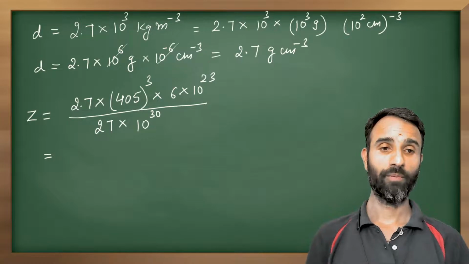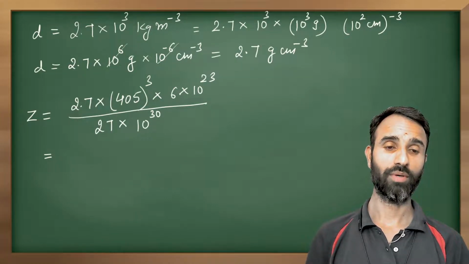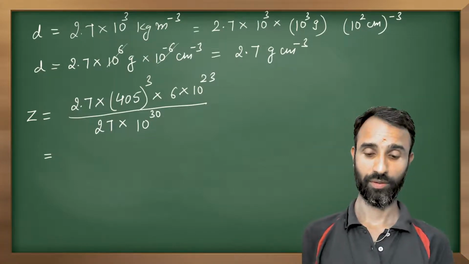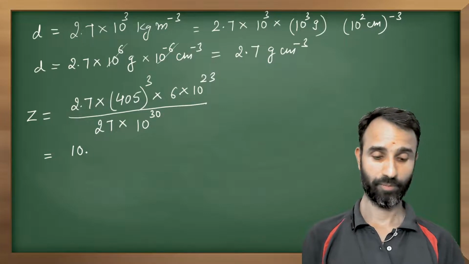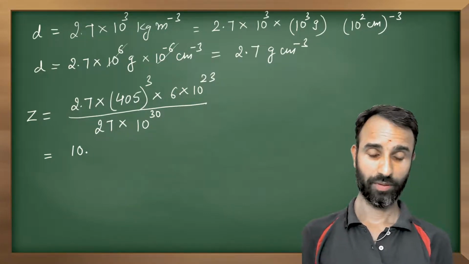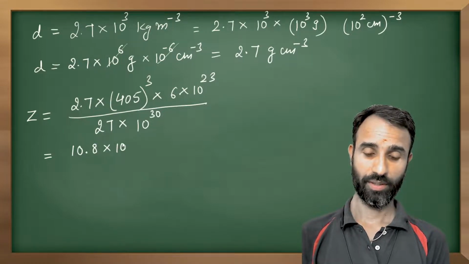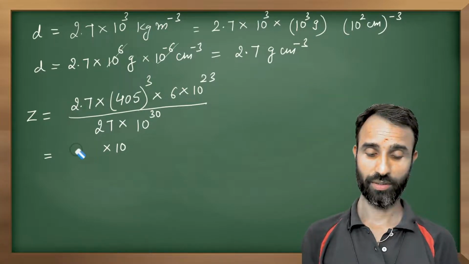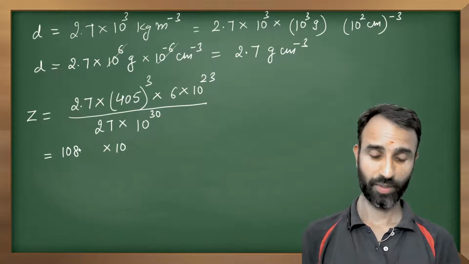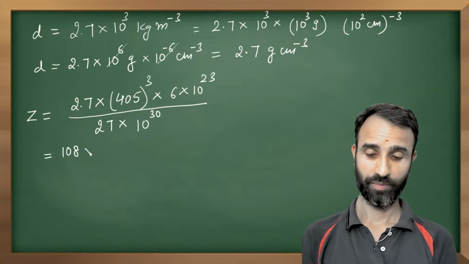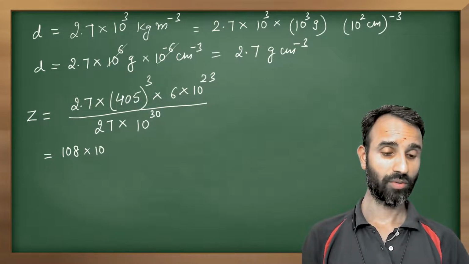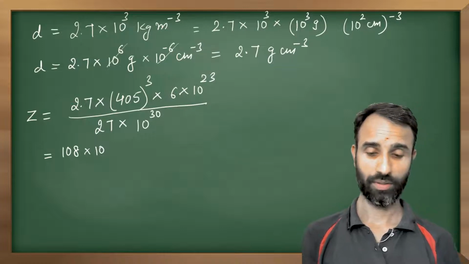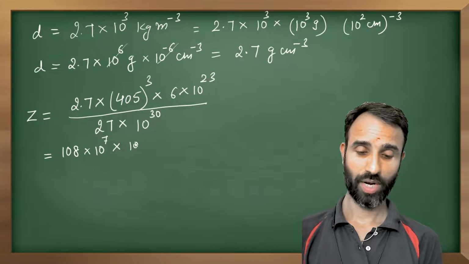Okay, so it comes out to be 10.8, or you can write it as 108 into 10 raised to power 7, into 10 raised to power 23, divided by 27 into 10 raised to power 30.